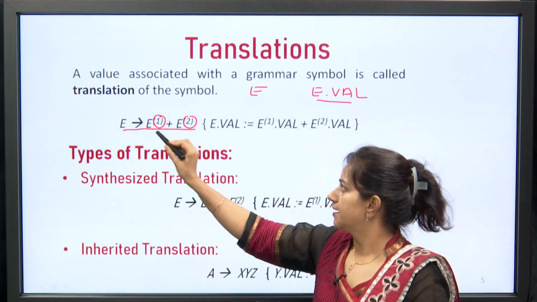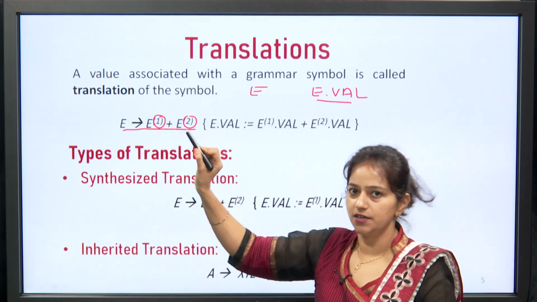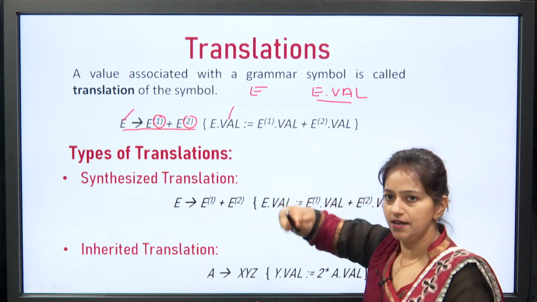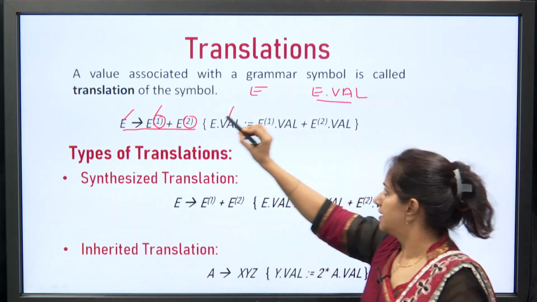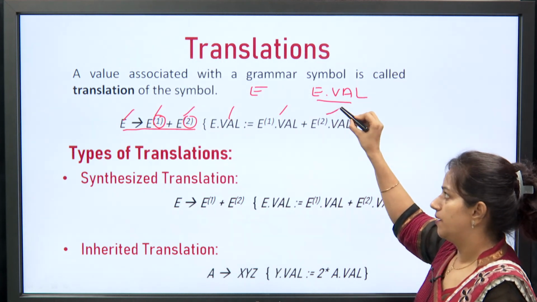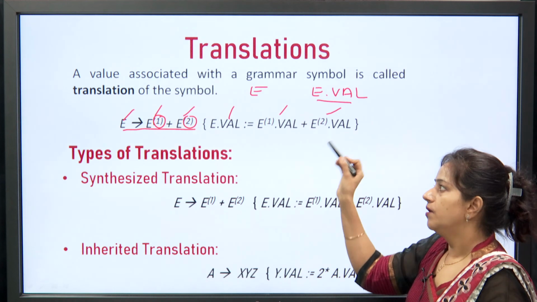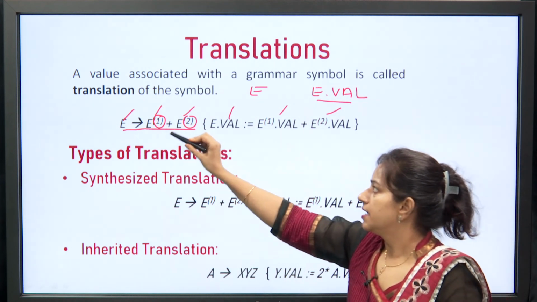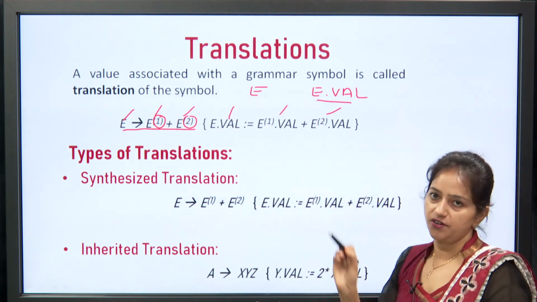So this is E1 and this is E2, and the translation for this non-terminal is E dot val, the translation for E1 is E1 dot val, the translation for E2 is E2 dot val, and we have written the rule combining all of this together. So this is E dot val is equal to E1 dot val plus E2 dot val.